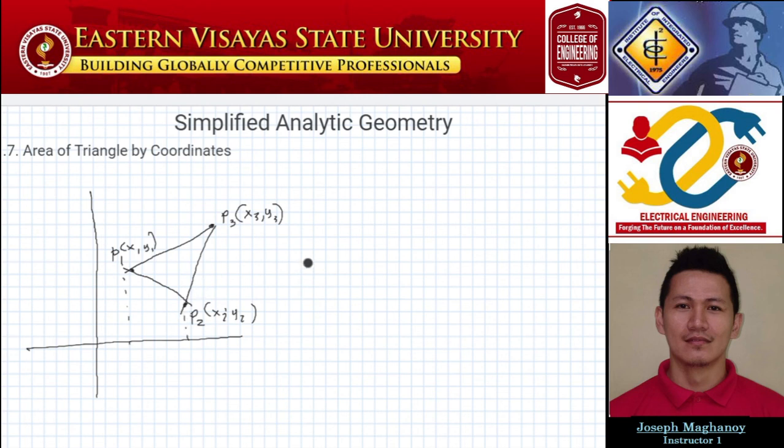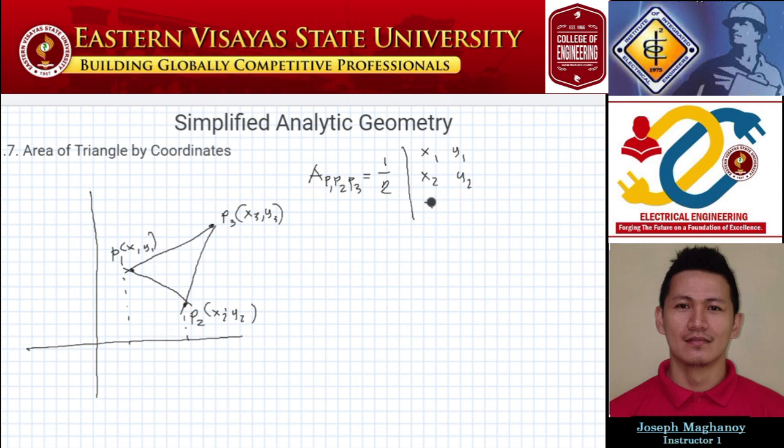Just using our formula. The formula for this is area with respect to your points 1, 2, and 3 is equal to 1/2 the matrix form of your x sub 1, y sub 1, x sub 2, y sub 2, x sub 3, and y sub 3.